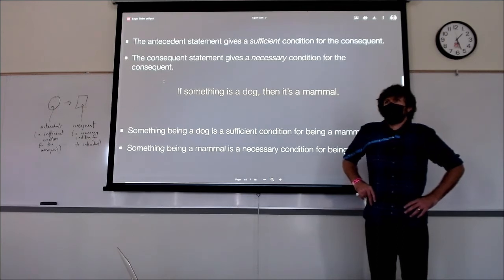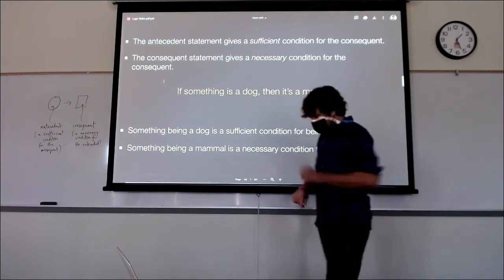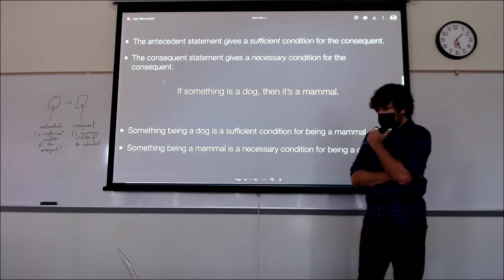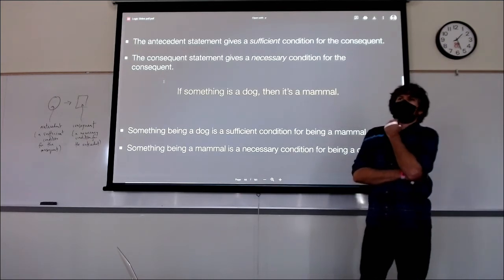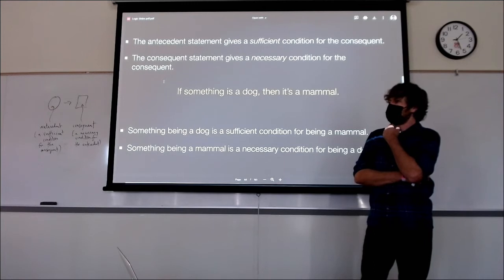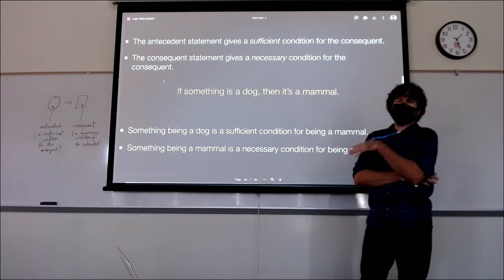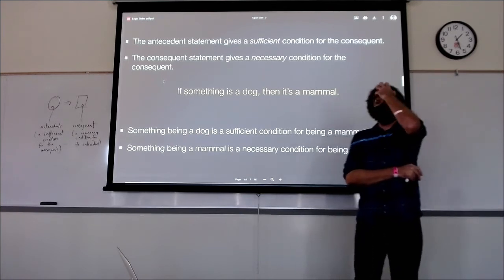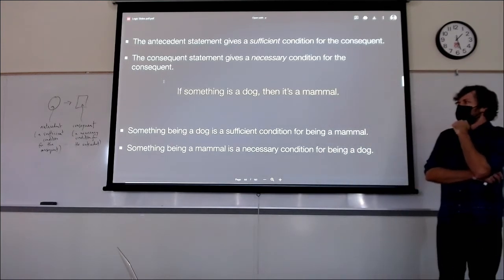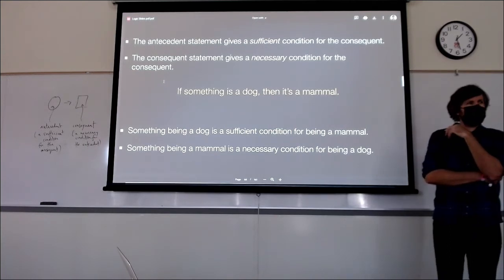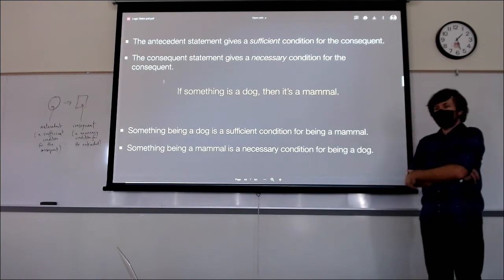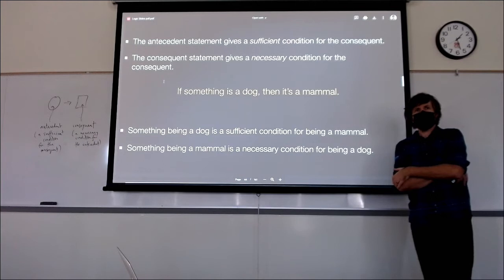Well, that's not a necessary condition, let's see if that's going to work. Yeah, no, that doesn't work as a necessary condition because you don't need to abandon the class in order to fail a class. Does that make sense? So just because I assert something is a necessary condition doesn't make it a necessary condition. Just because I say something is a sufficient condition doesn't make it actually a sufficient condition. Okay. Other questions about this? So good. I'm glad you're raising that because I didn't mention that on the slides here, so it's good to ask that.